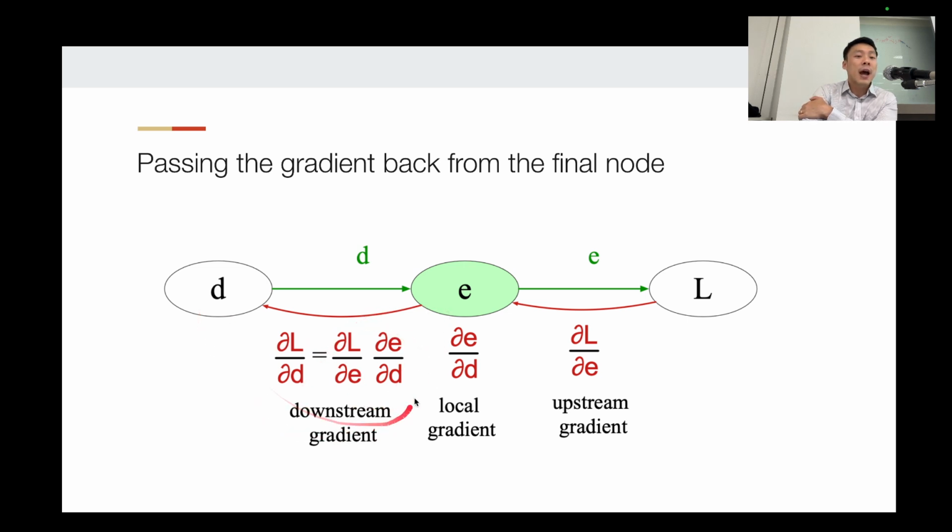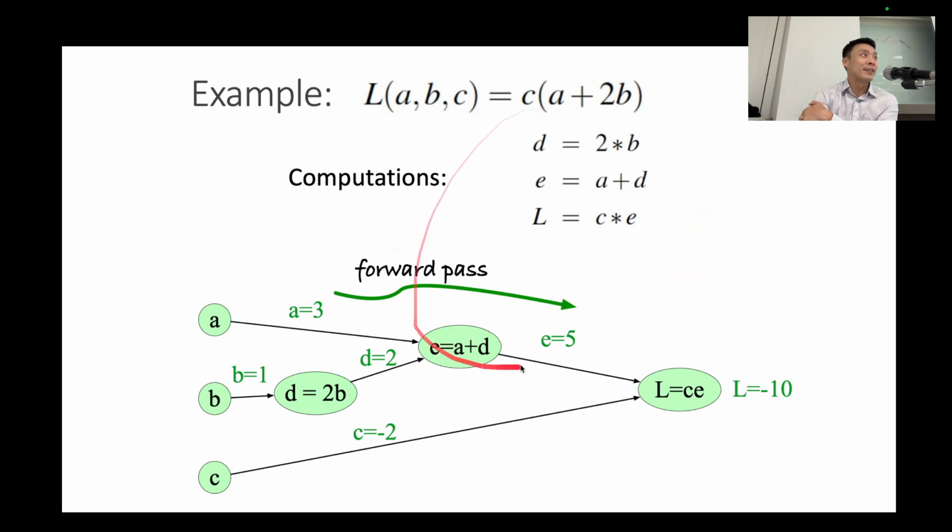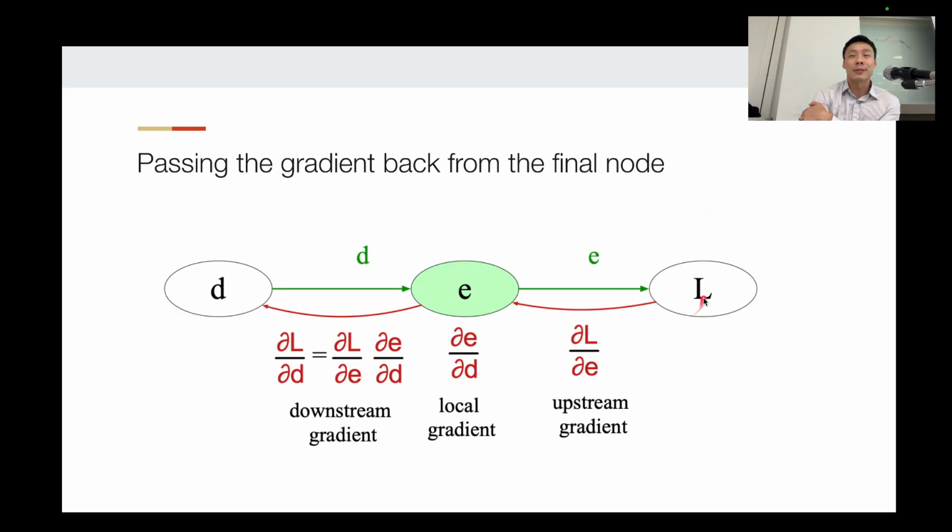This should look familiar to you. This is the chain rule in multivariable calculus. L is going to be your loss function, but obviously it's much more complicated than this. But this is an example.